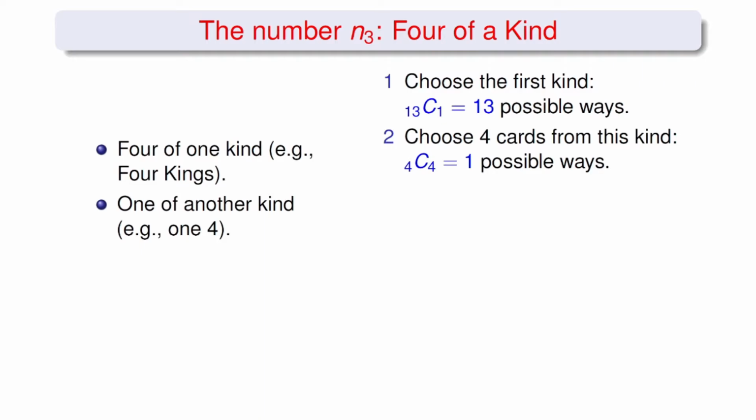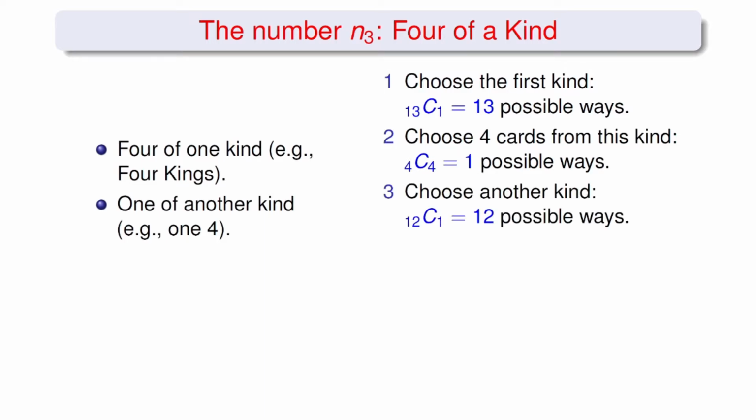That's 4 choose 4, which equals 1. Now we need one of another kind, so let's first choose another kind. After the first kind, we only have 12 other kinds remaining. So 12 choose 1, that's 12.